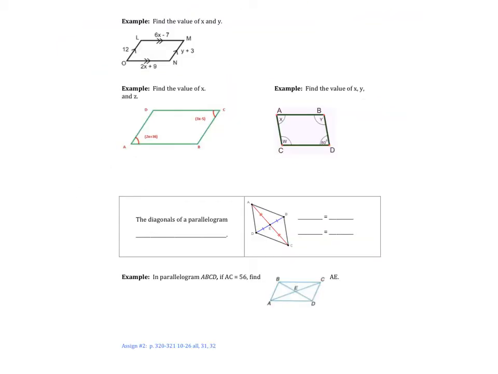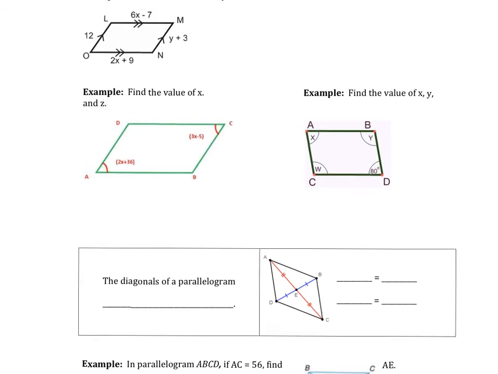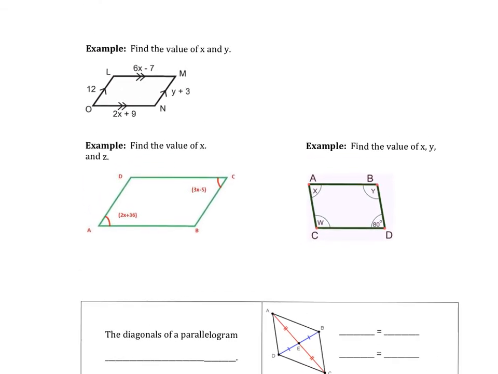Next example here. Make that a little bigger. Find the values of X and Y. Again, we're going to use what we know about our parallelograms, and opposite sides are congruent. So in order to find the value of X, I'm going to set those two equations equal to each other.